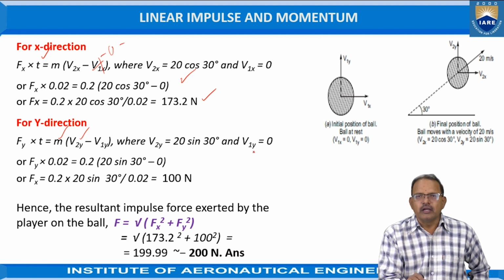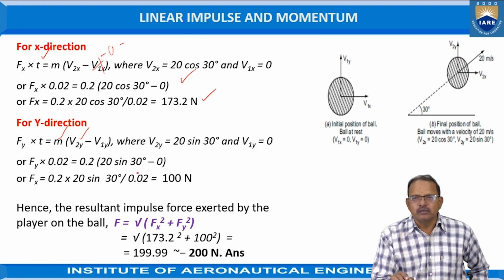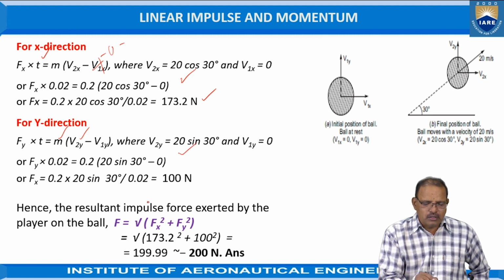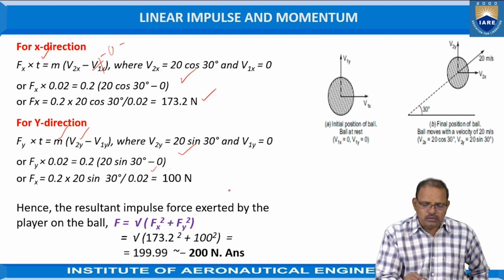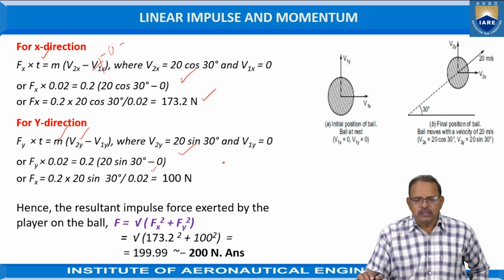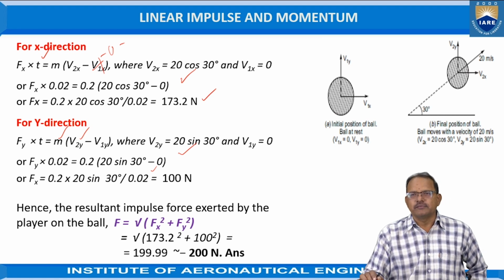On substituting these values, we get Fy into 0.02 is equal to 0.2 into (20 sin 30 minus 0). Since sin 30 is equal to 1 by 2, divided by the time 0.02, on simplification we get Fy equal to 100 newtons.